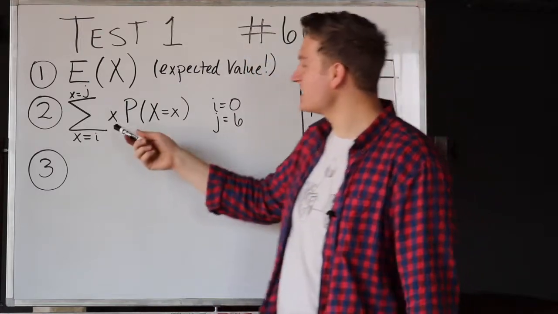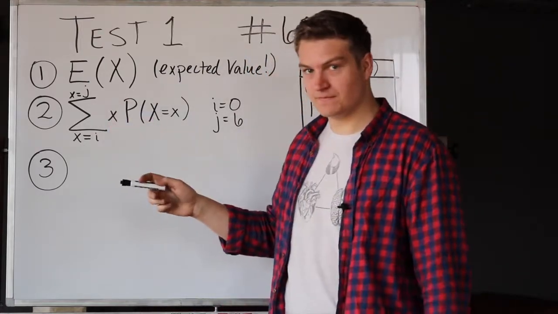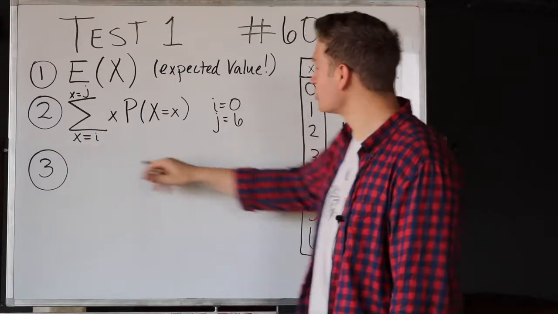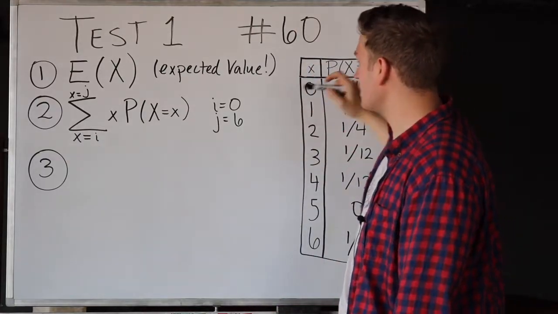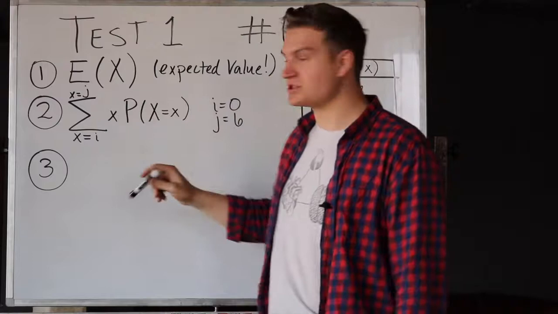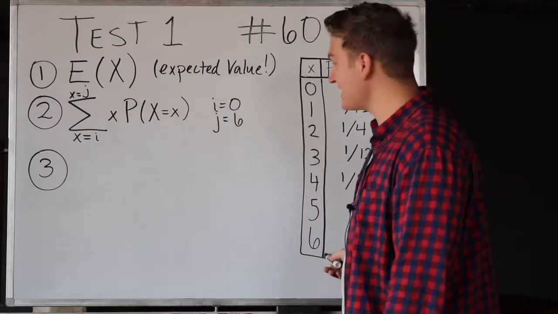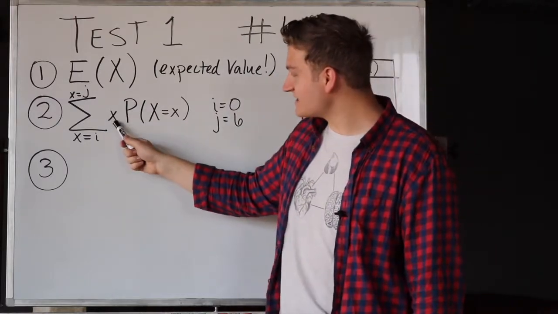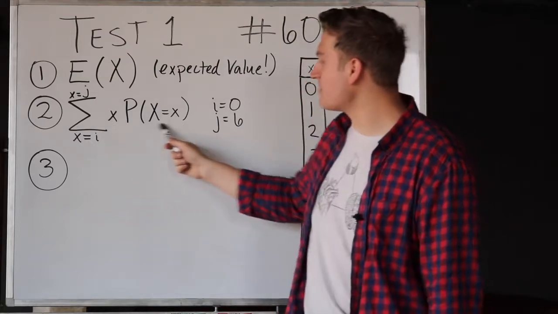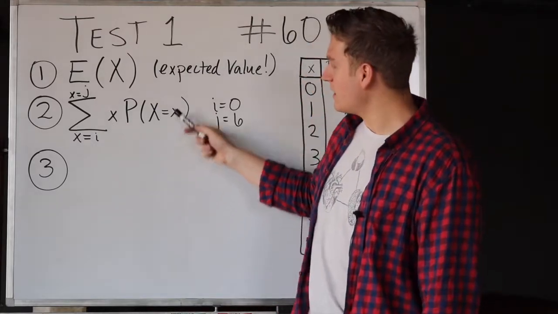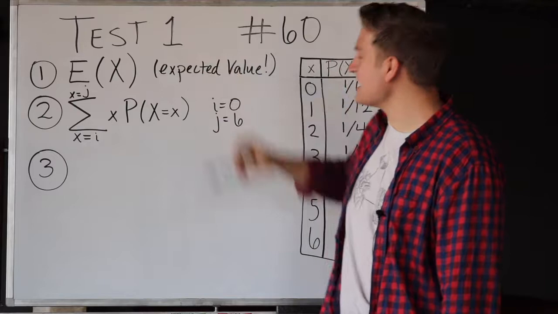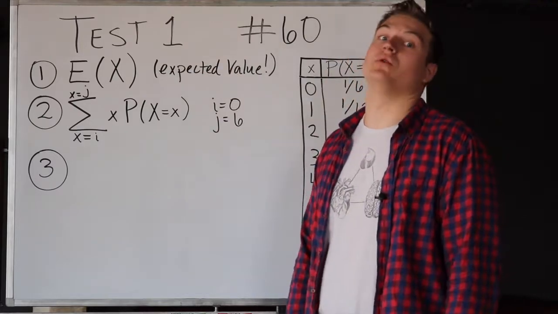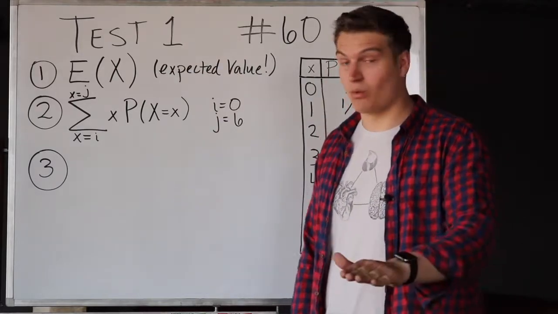The formula says you take the sum from x equals your starting value, which in this case is going to be 0, all the way up to x equals your ending value, which in this case is going to be 6, of x times the probability that your discrete random variable is equal to that x value. That's a headache, but we're going to walk through it together anyway.